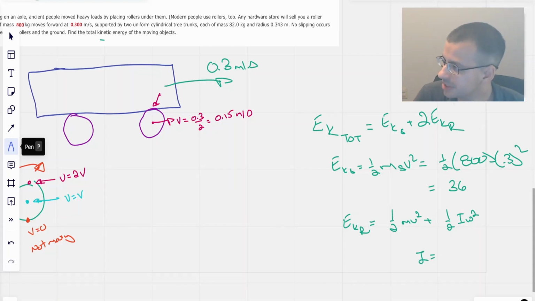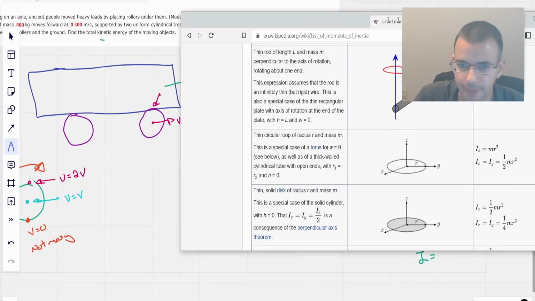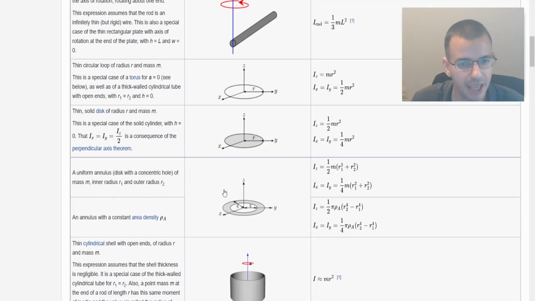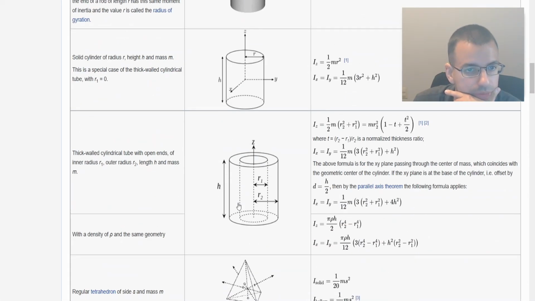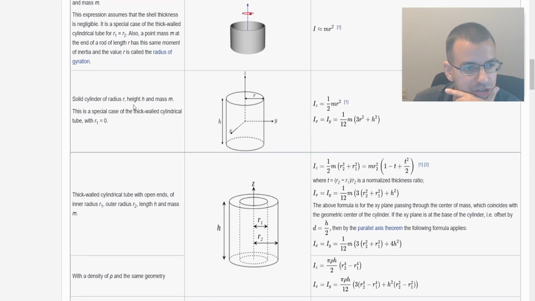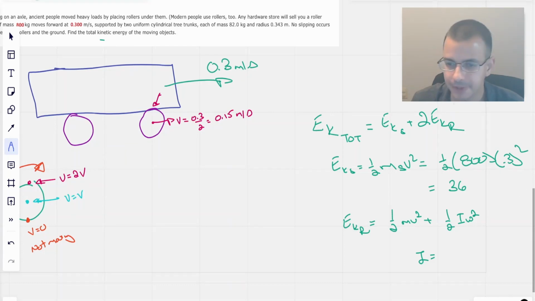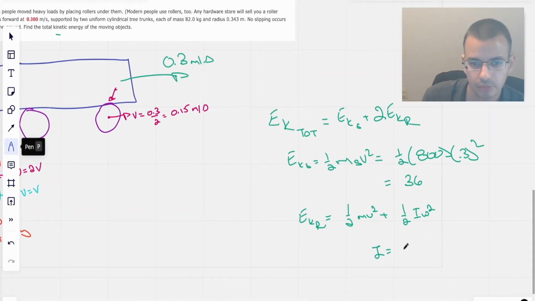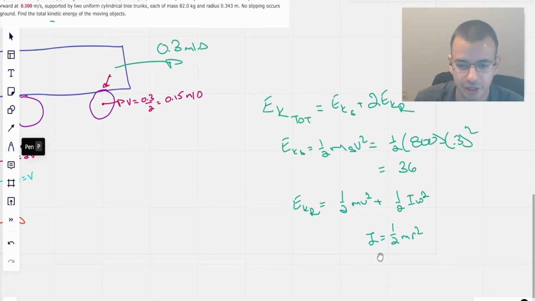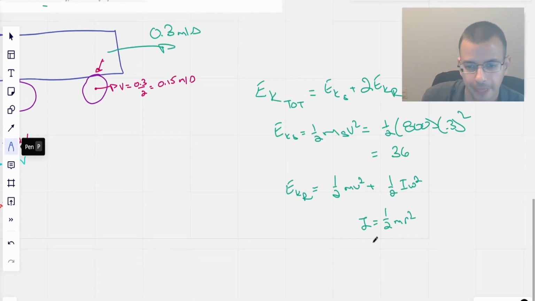I is, I think it's going to be the same, 1/2 mr squared. Yep. So solid cylinder of radius r along the z-axis right there, 1/2 mr squared. So it's going to be the same as a disk. I'm going to note this is the mass of the roller. I'm not going to differentiate here, but we both know.